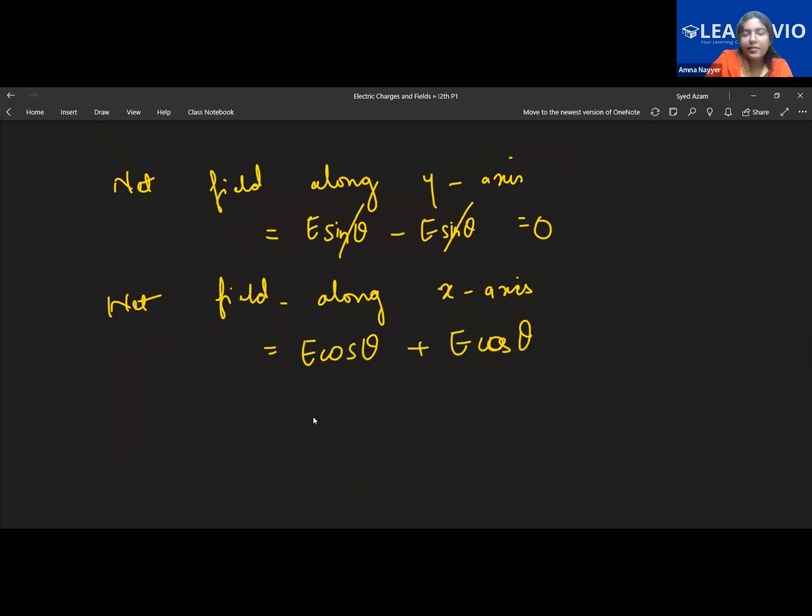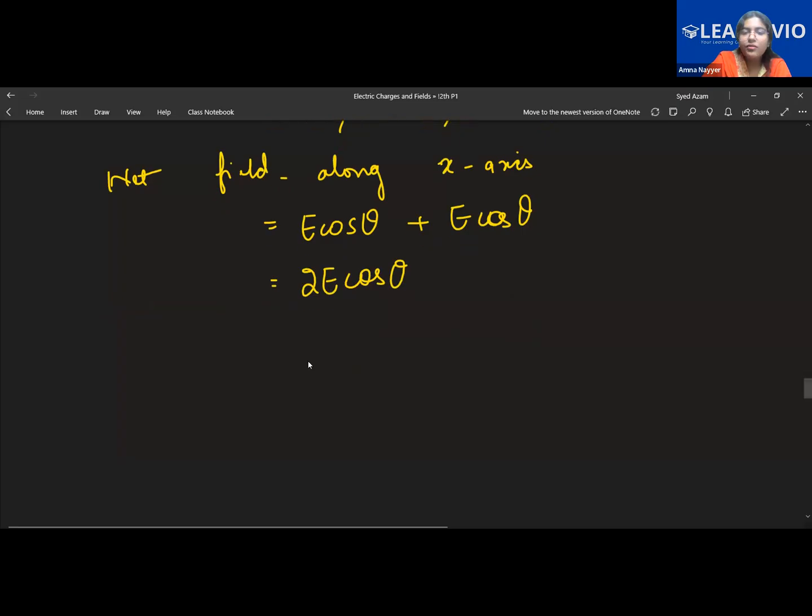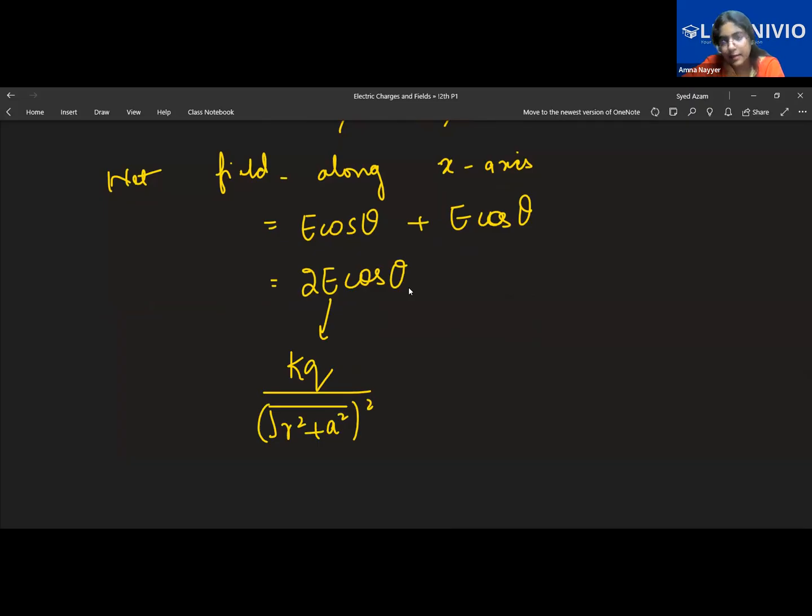So net electric field will be 2E cos theta. Now the value of E and cos theta are required by us. Value of electric field is kQ by under root r square plus a square whole square, and cos theta is missing. Okay. So class, time is up.